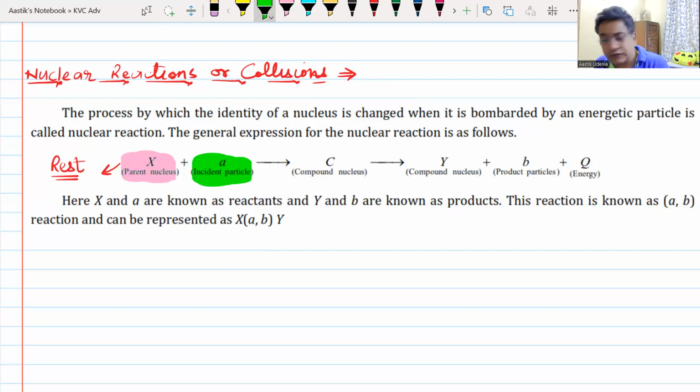Now, in between you might have a compound nucleus, which may not come, and this compound nucleus, because of this bombardment, will break up finally into a daughter nucleus Y, some more product apart from the daughter nucleus, and some amount of energy is liberated.